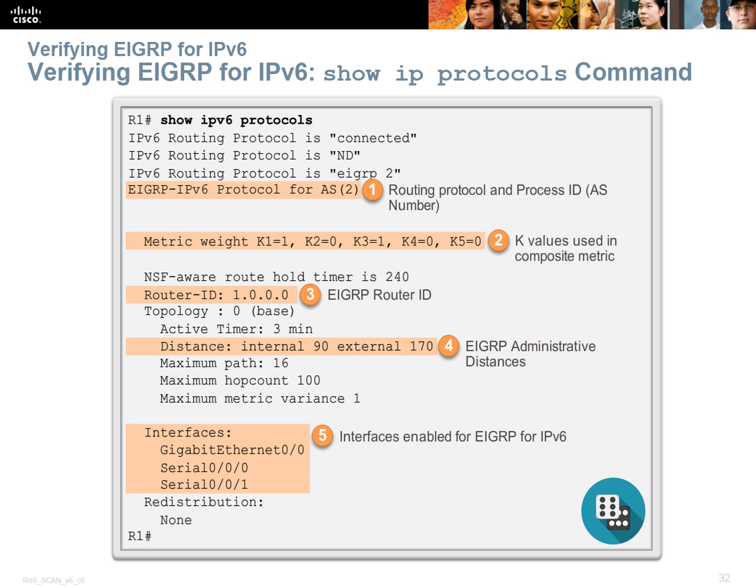You've got your autonomous system number, you've got the K values, you've got your router ID, you've got your administrative distance, you've got which interfaces are participating in EIGRP for IPv6. Exactly the same as IPv4. Show ip protocols, show ipv6 protocols. Exactly the same.